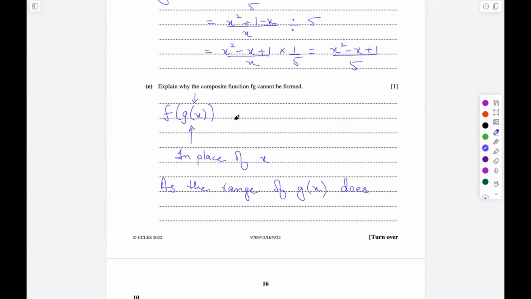For f of x, we know that x must be greater than 0, and the range of g of x does not lie in the domain of f of x. So the final answer will be, as the range of g of x does not lie in the domain of f of x, the composite function fg cannot be formed.